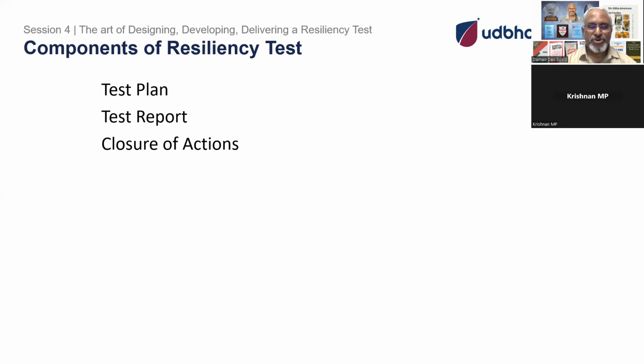All or most of the discussions today were about the designing portion only. So I'm happy to come back, talk about developing and delivering also, so that we complete the cycle of this art, which can be learned and mastered. For every resiliency test, there must be a test plan. Some of the components will be according to the design features that we have discussed.